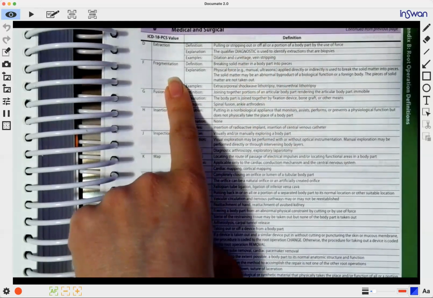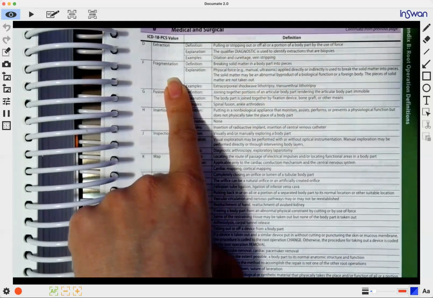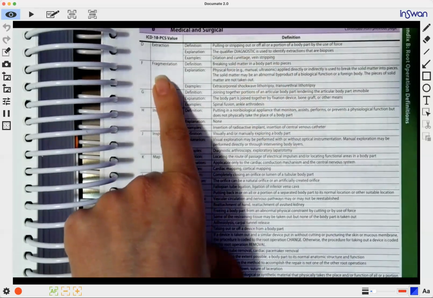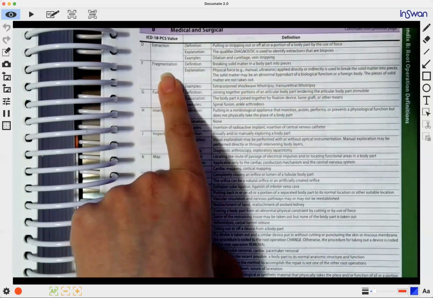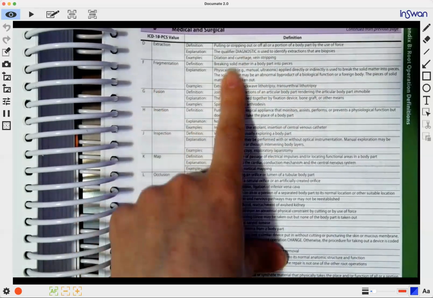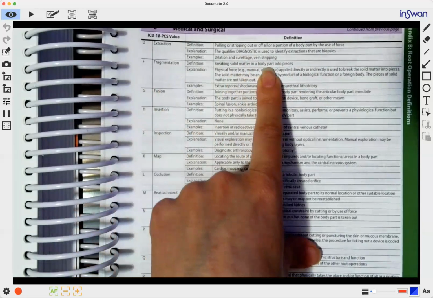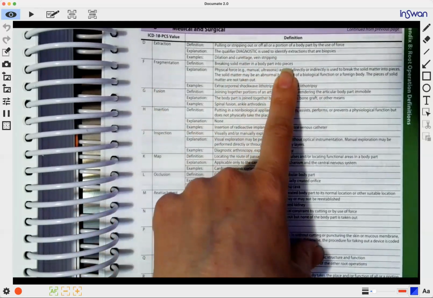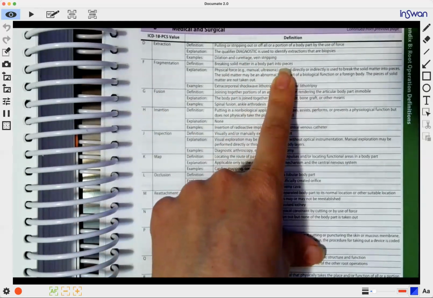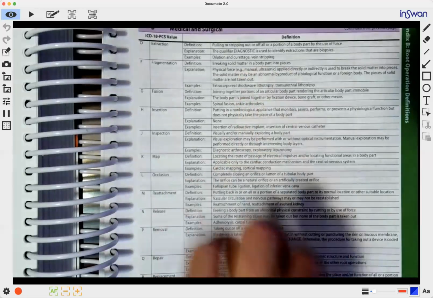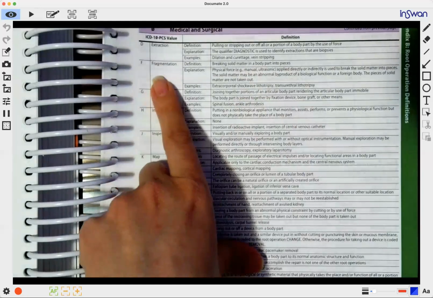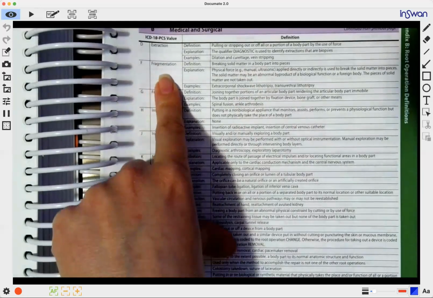Fragmentation, that one is going to be similar to your extirpation, but the difference here is with fragmentation, they're breaking the solid matter into pieces. So think about kidney stones. If they used ultrasonic waves to break those into pieces before they remove them, that would be a fragmentation.